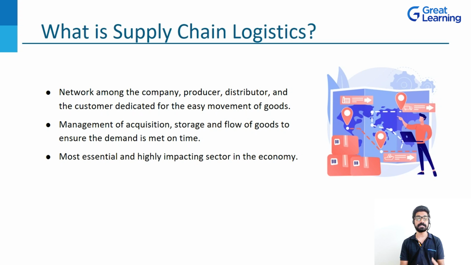If this service is not performing well, all the products which are manufactured will not get sold, because they cannot be delivered to the customers who need them. The business of all the other products impacting the economy will go down, because the customers who need the product will not get it on time. That is the main reason why supply chain logistics has a high impact on the economy.